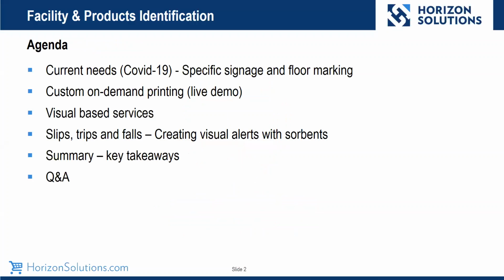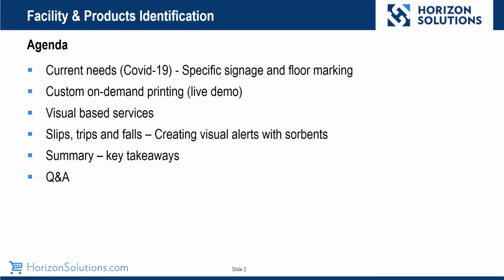Our agenda today looks a little bit like this. As I said, we're going to concentrate on current needs. Again, you're all at different stages of reopening. Some of you may have already full-blown reopened. Some of you may be at 50% capacity. But unfortunately, I think this pandemic is here to stay for a little bit. So we do feel that it's important to go over specific signage and floor marking options for you.